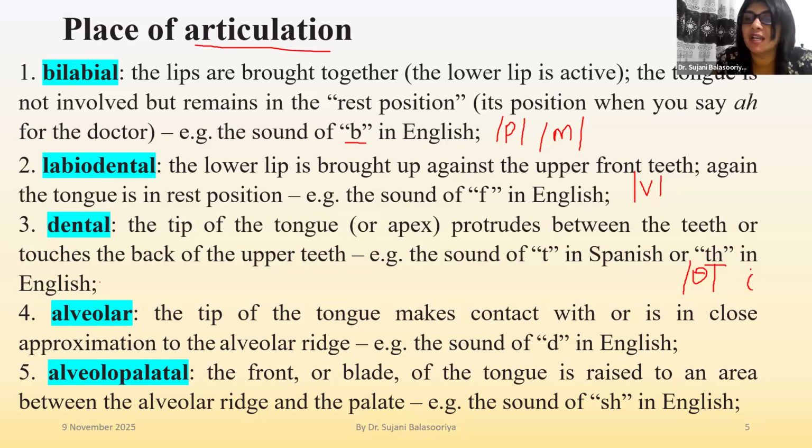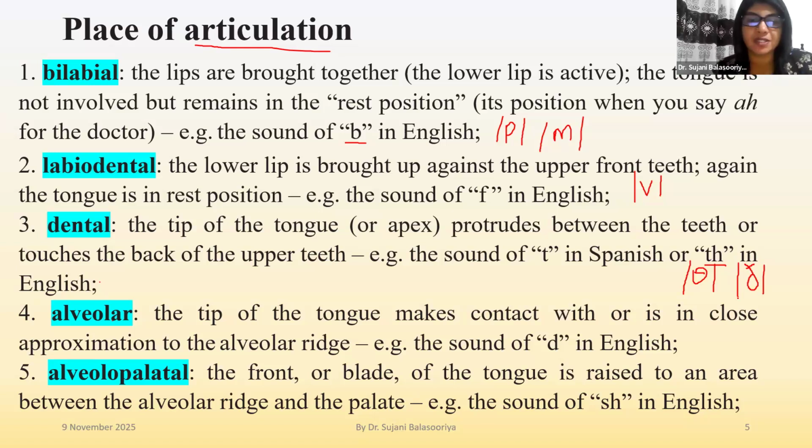These are the two dental consonants, and in some books, in some other places, the same type of consonant is called interdental as well, either dental or interdental. I haven't given that term here.